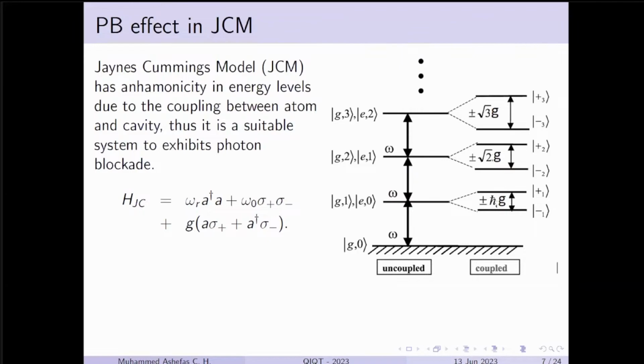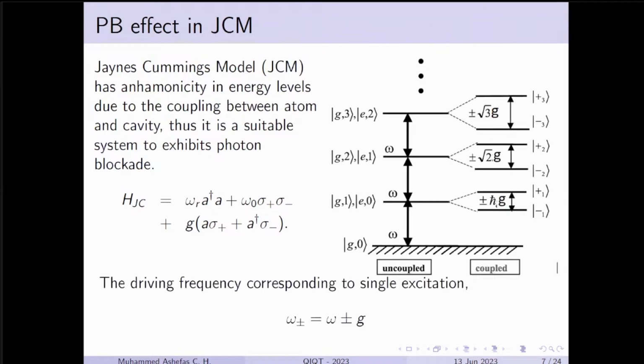This separation in the energy levels we call anharmonicity, and this anharmonicity helps the Jaynes-Cummings system achieve the single photon blockade effect. This can be easily explained here. Suppose you have some external driving, and you want to excite the system from the ground state to the first excited state.